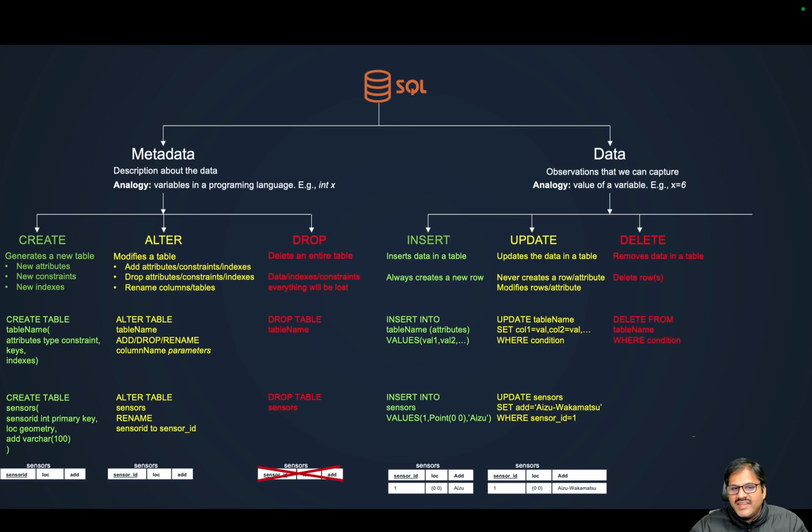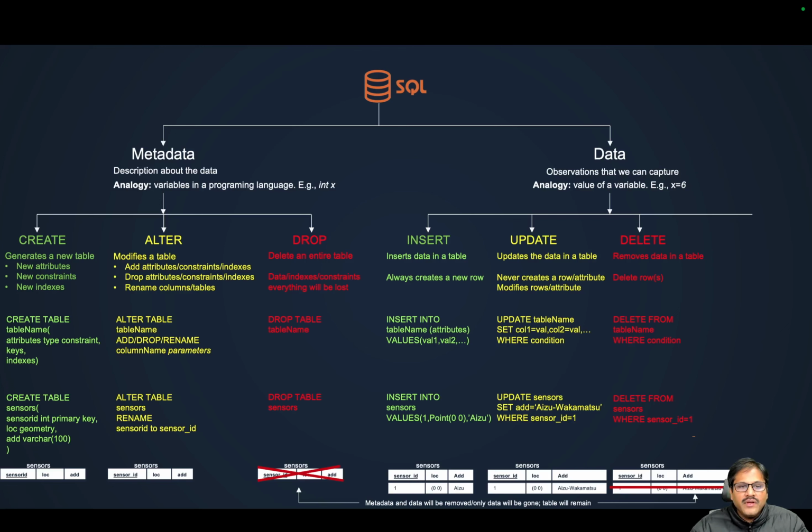The basic syntax for executing the delete query is delete from table name where specify the conditions. An example is delete from sensors where sensor ID equals 1. So when we execute this delete query, we will be removing the data of a sensor whose ID is 1.